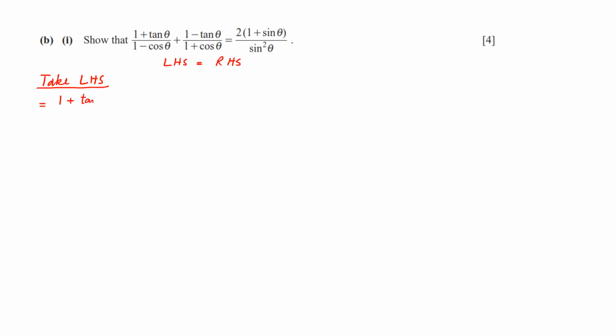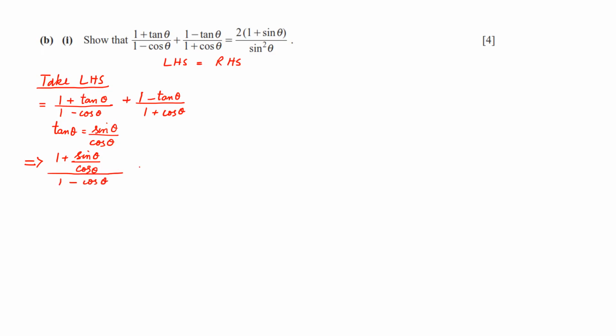(1 plus tangent theta) over (1 minus cos of theta) plus (1 minus tangent theta) over (1 plus cos of theta). So remember, tangent of theta is equal to sine of theta divided by cos of theta. So let's put it this way. This comes out to (1 plus sine of theta divided by cosine of theta) whole divided by (1 minus cosine of theta) plus (1 minus sine of theta divided by cosine of theta) divided by (1 plus cos of theta).